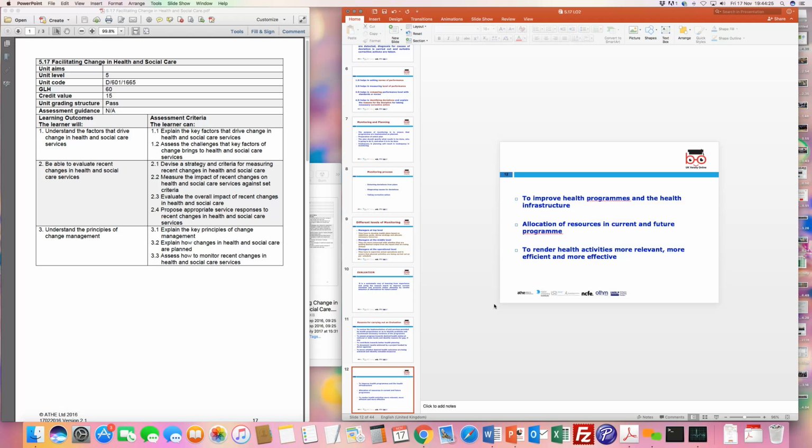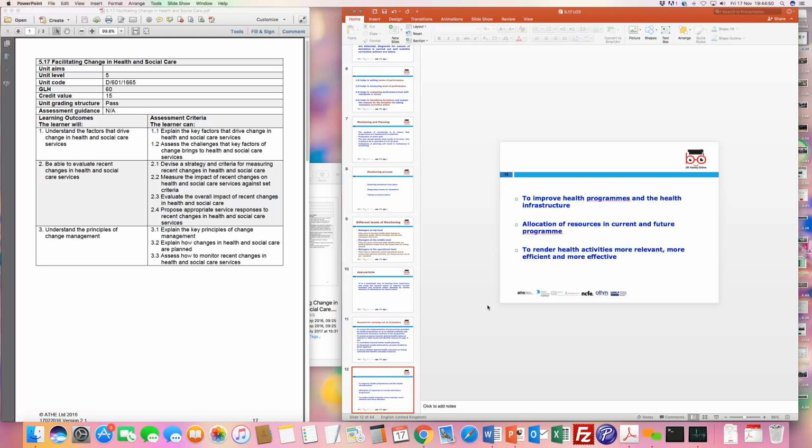And last but not least, there are lots of different activities happening within this sector. In order to ensure that each activity has a cause and effect and is leading to better patient care, you have to do the process of evaluation.